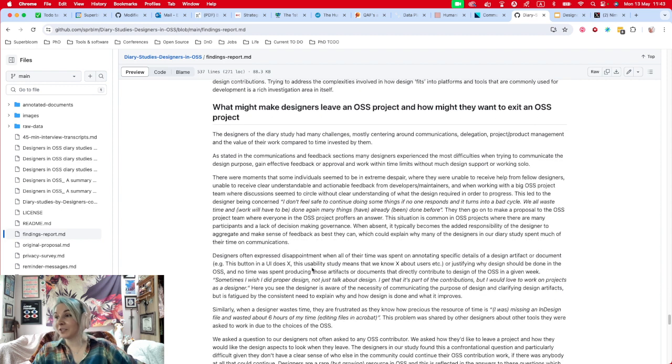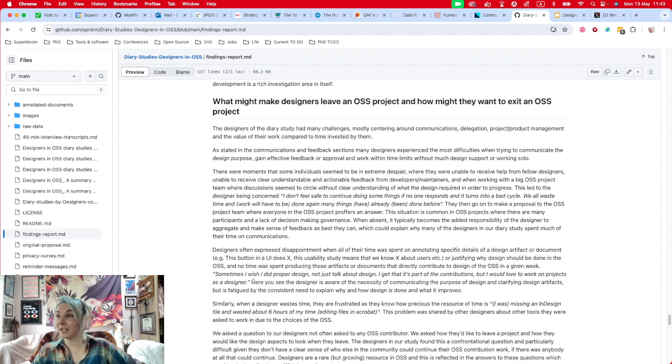There's some really sad stuff in this section about an aspect I talked about maybe towards the beginning of the stream, which was the amount of time that designers spend talking about and advocating for how to do design and why to do design, rather than actually doing their design function.